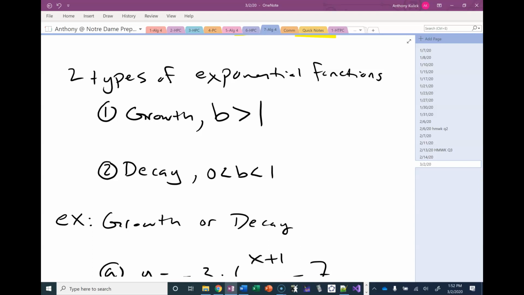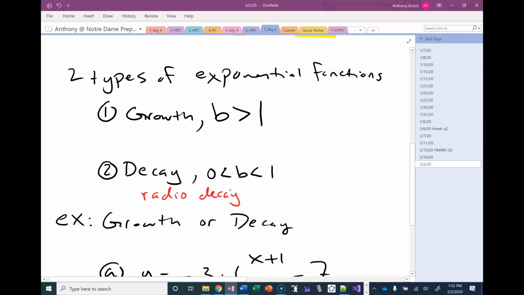Okay. Can you think of anything from chemistry that might be described using an exponential function? You guys talked about radioactive decay? You haven't done that yet? Okay. So do you know what radioactive decay is?